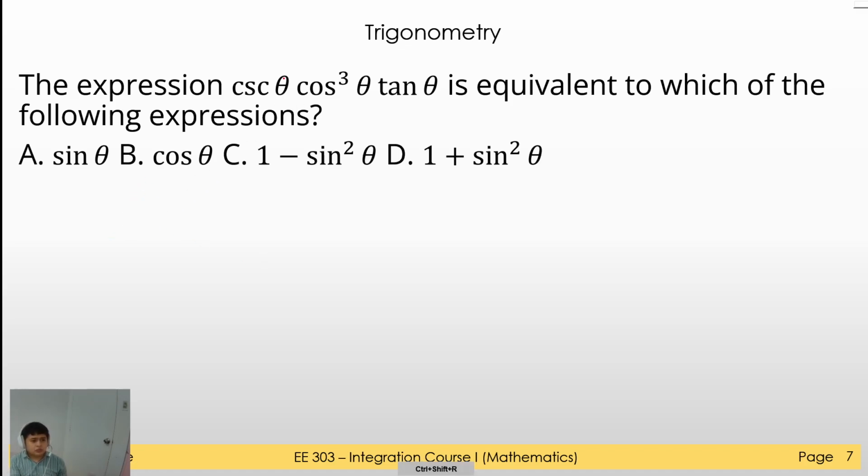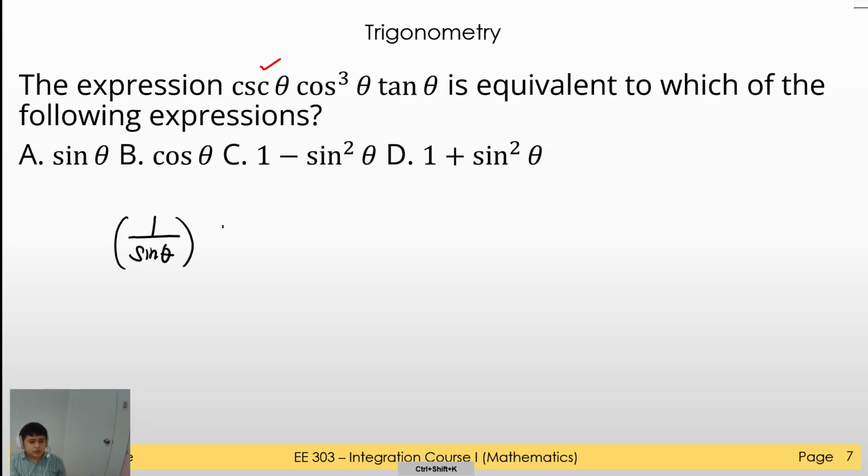The strategy I will use is to represent these three trigonometric functions in terms of just sine and cosine so that we can cancel them out. We have cosecant here, so this will be 1 over sine theta.